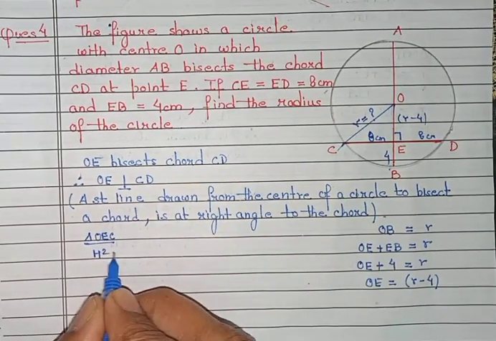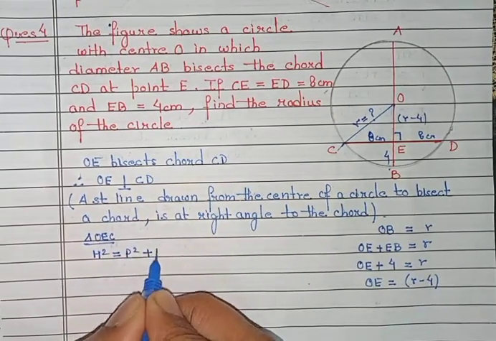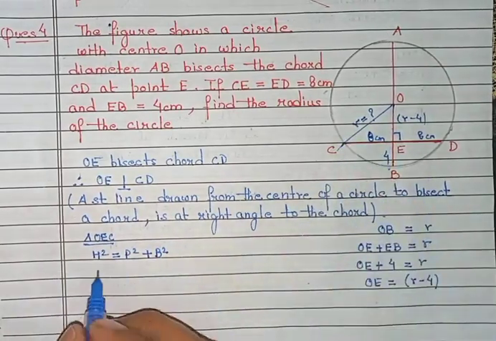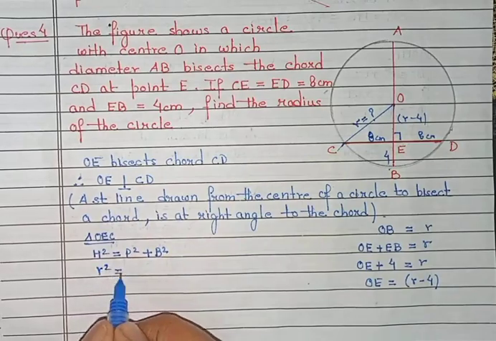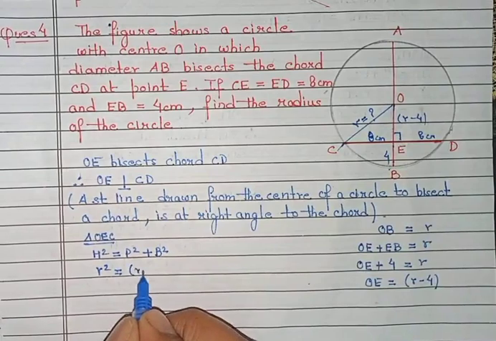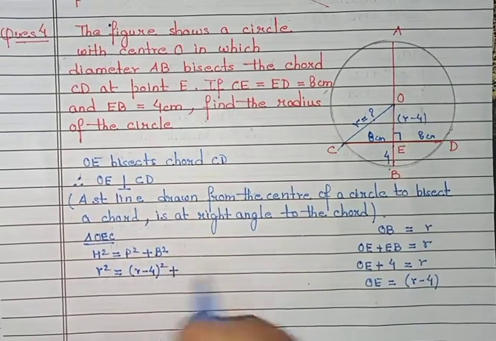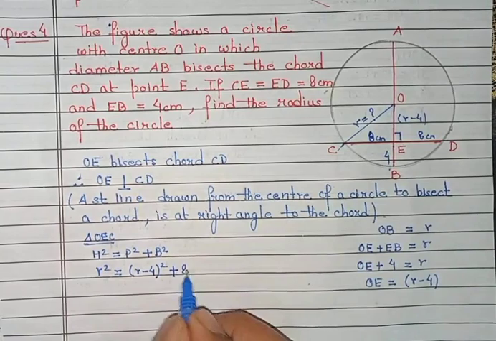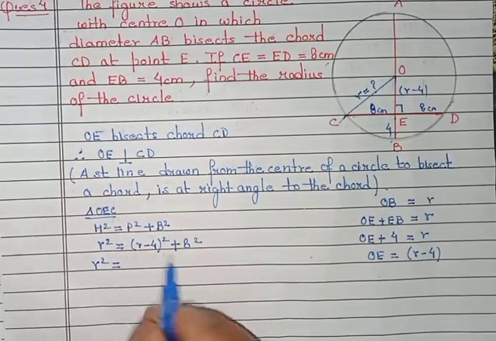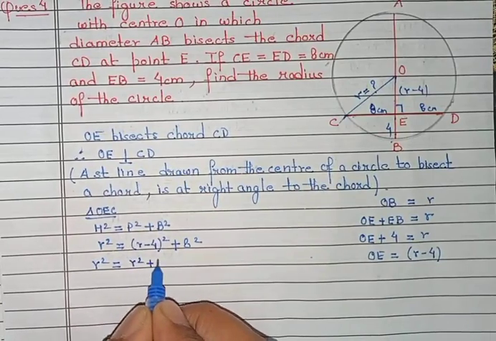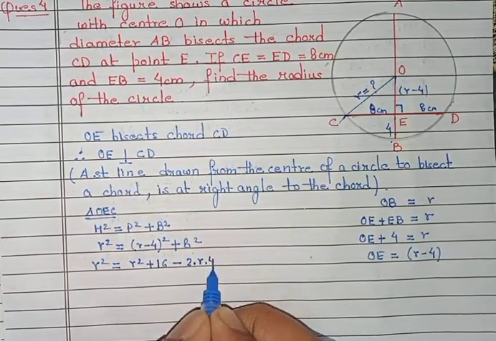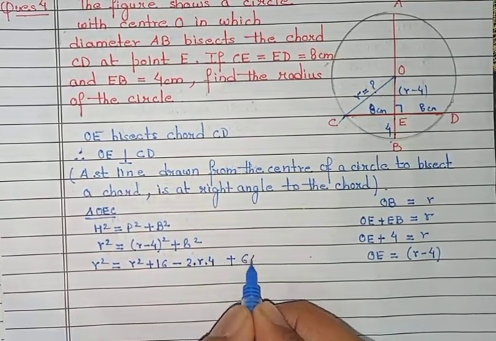We have hypotenuse square is equal to perpendicular square plus base square. Hypotenuse will be this side opposite to 90, R square. Perpendicular will be this, R minus 4, and base will be this 8 square. Now when you open this bracket with the formula a minus b whole square, you will be getting R square plus 16 minus 2 into a into b plus 64.